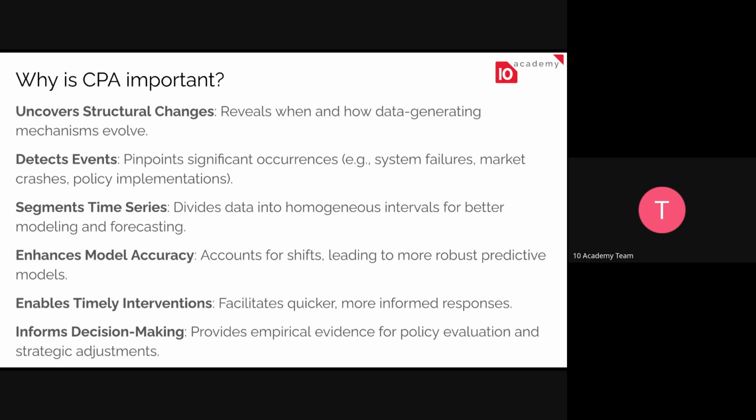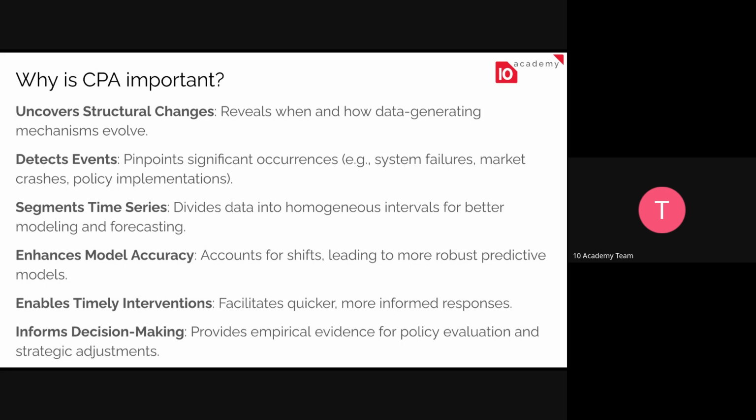It will reveal where, sorry, when, because it's time series data, and how the data generating mechanism evolved. It detects these events, so that's what you're going to be doing for this week. It helps you detect events that actually triggered this change in the time series properties, and it will help you segment the time series.